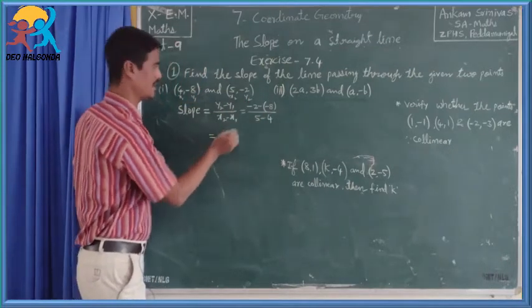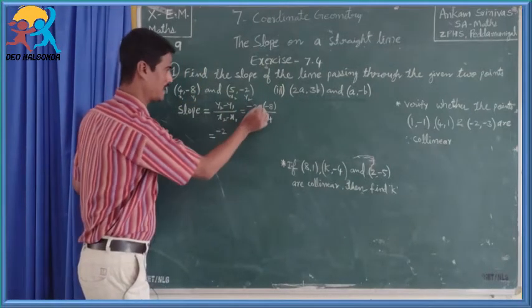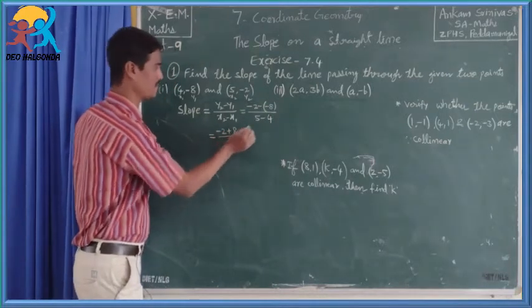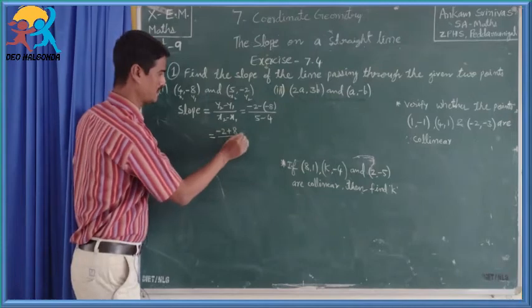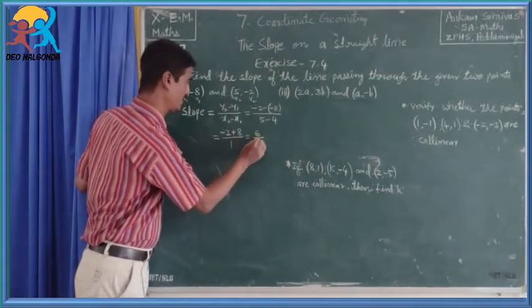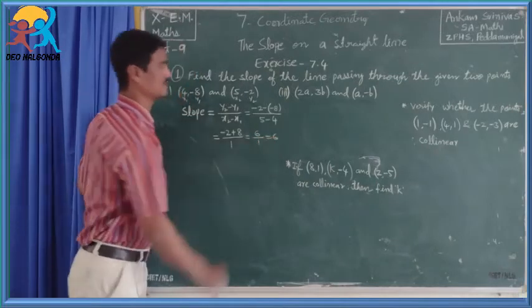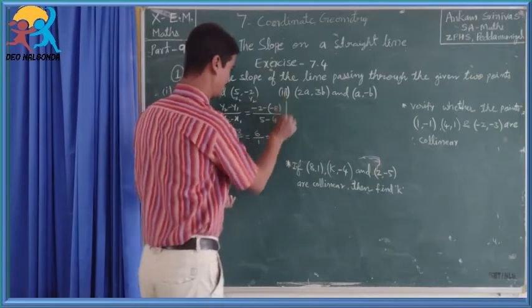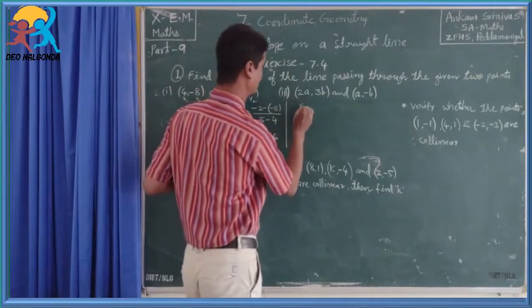Then we will get here minus 2, minus becomes plus 8, by 5 minus 4, which is 1. So minus 2 plus 8, how much? 6. 6 by 1 equals 6. Very easy, no?